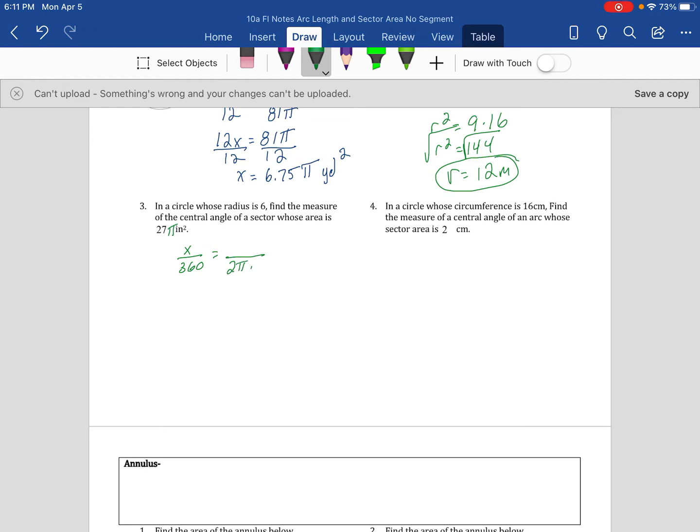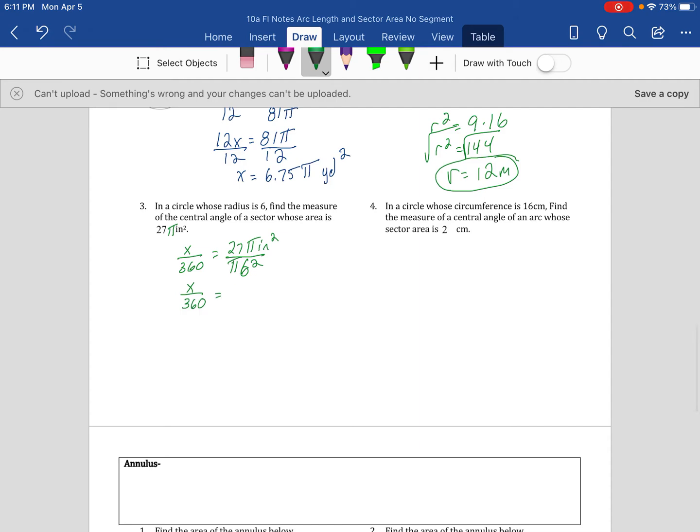We know our sector area is 27 pi. Sorry, I put that in the wrong spot. I know that our sector area is 27 pi inches squared. I know area is pi r squared, so it's pi times 6 squared.